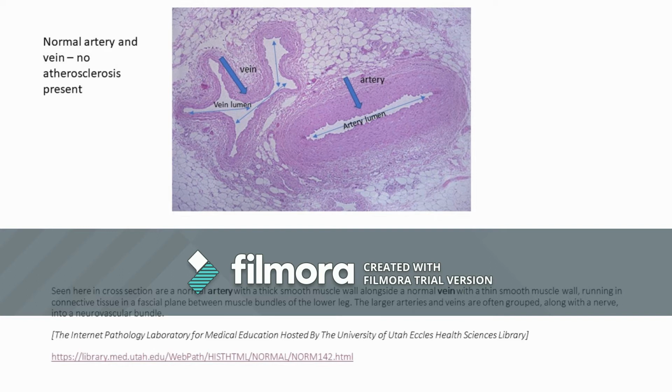You can see that the artery has very thick layers and a very thick media layer, which is composed of the smooth muscle tissue layer, and the vein appears collapsed and has a very thin smooth muscle layer, and therefore appears collapsed in the image.